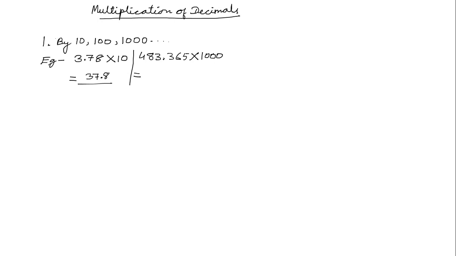So the point should shift 3 places right. So 1, 2, 3 places. So it will be immediately after 5. That means it will become a whole number, 3365. Now there will be a point after this, and after this, since there is no other digit than 0, it's over. This is the answer.